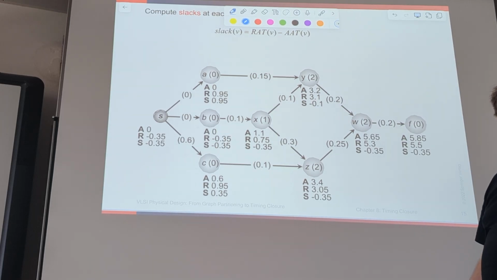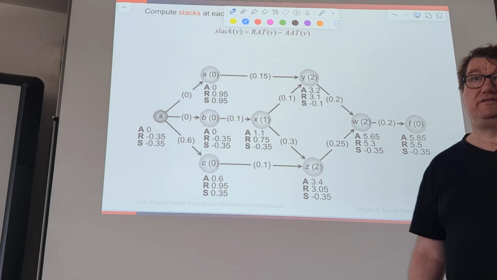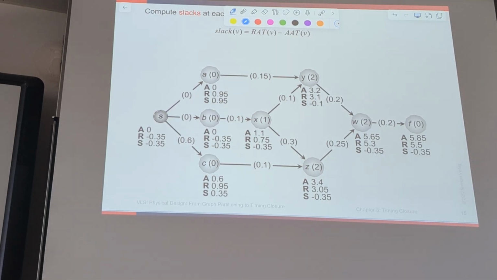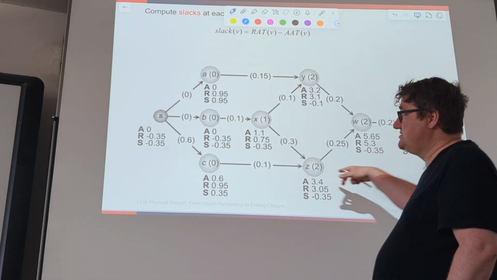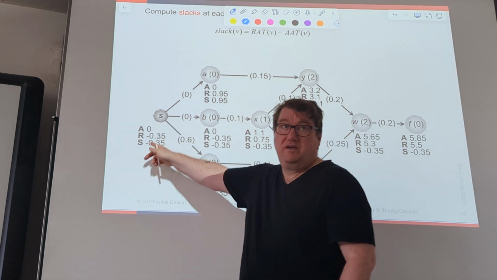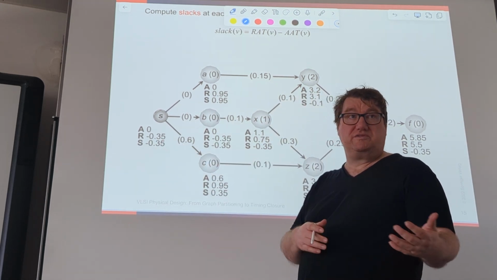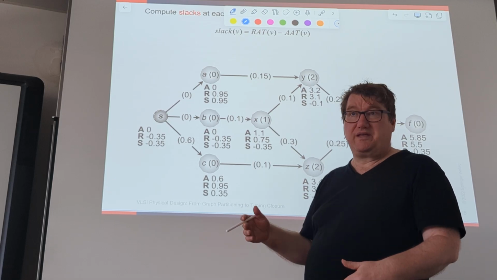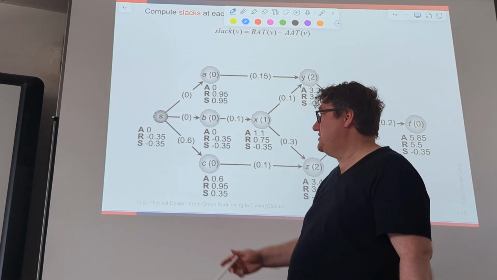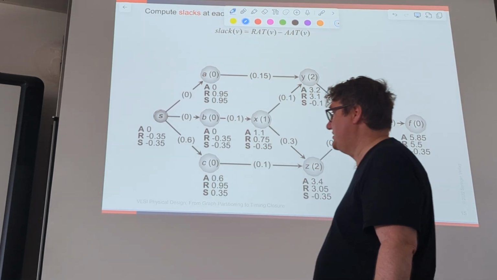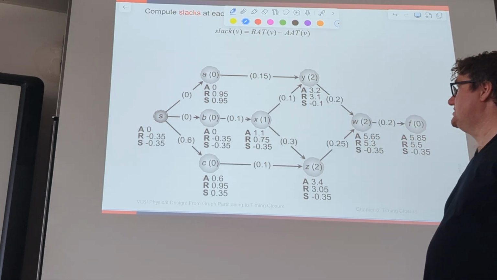Negative slack is like bad because you are arriving later than what is required, and that translates to a required time which is before your start time. So you could also start earlier, then it would be okay, but you have a negative slack at this place here.